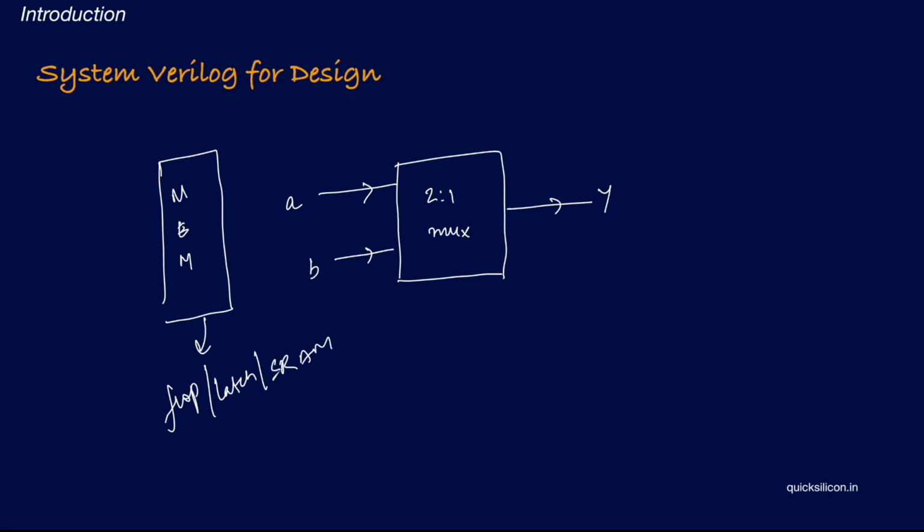It could even be an array of flops or an array of latches, which can be used for implementing a FIFO or a buffer. But in short, it would be coming out from a particular memory element and it would be driven to this block. So in design terms, this memory element is usually referred to as a sequential element.